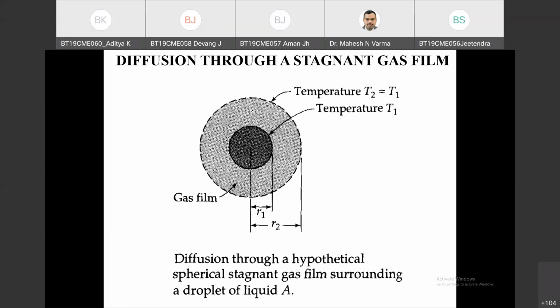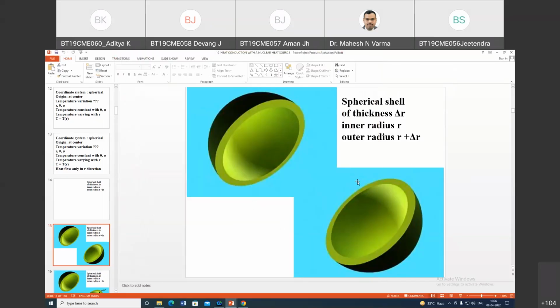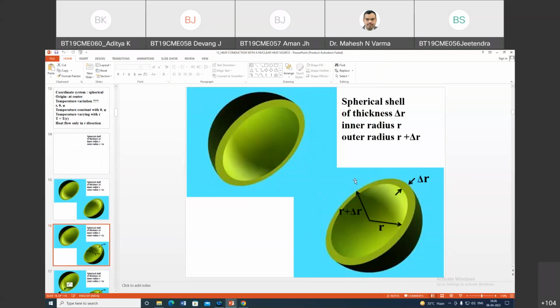And what will be the rate of flux, the rate of A going out of the differential shell? It will be 4 pi r squared N_Ar estimated at r plus delta r. Again, you can go back to the same problem. This was a differential shell.